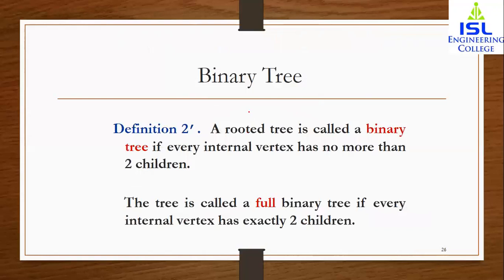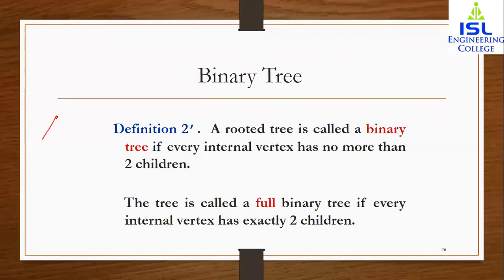Now we will study something about a rooted tree. A rooted tree is called a binary tree if every internal vertex has no more than 2 children. So for every internal vertex, if it has 2 children, then it is a binary tree. The tree is called a full binary tree if every internal vertex has exactly 2 children.